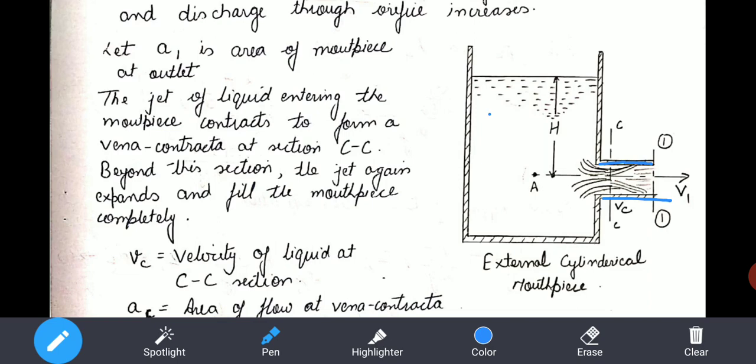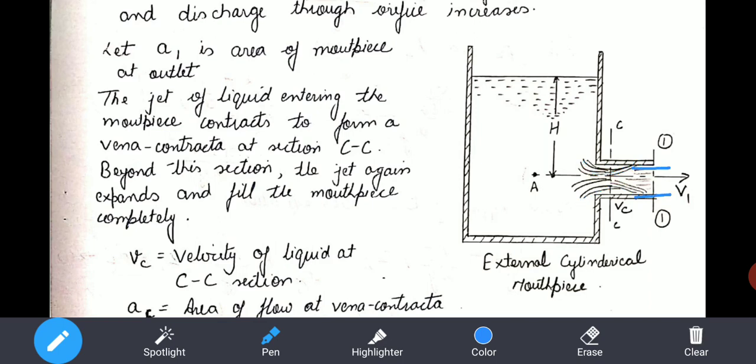When the liquid in this tank flows, two things you have to remember. We will talk about that later, but first see what happens when the liquid starts flowing through this pipe. At the start, where it enters the pipe, it contracts due to vena contracta, and then it expands again.